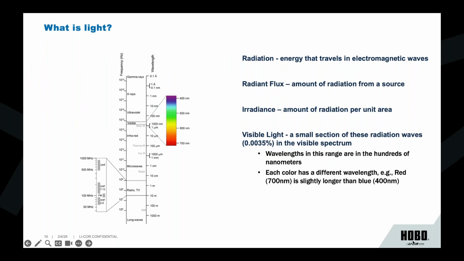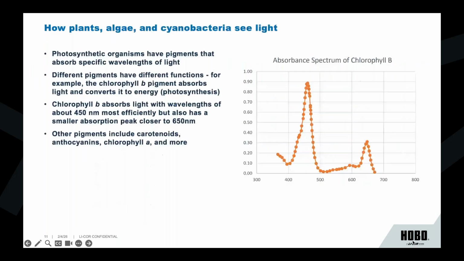Within that visible light that we see, there is a slightly smaller section of light that plants, algae, and cyanobacteria see and use. All photosynthetic organisms, which includes plants, algae, and cyanobacteria, have pigments that absorb different wavelengths of light.